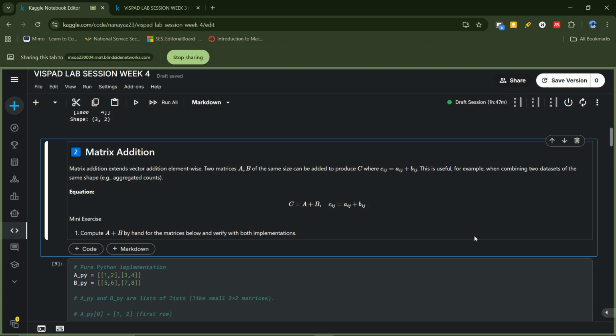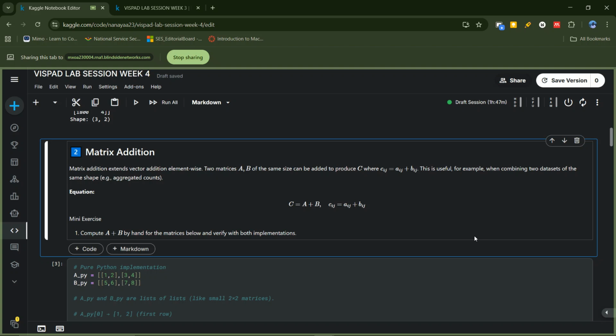So this is useful, for example, when trying to combine two data sets. Remember I said machine learning, if we talk about data sets, it's just about matrices. So this whole idea helps you to combine two data sets of the same shape. Makes sense, right?